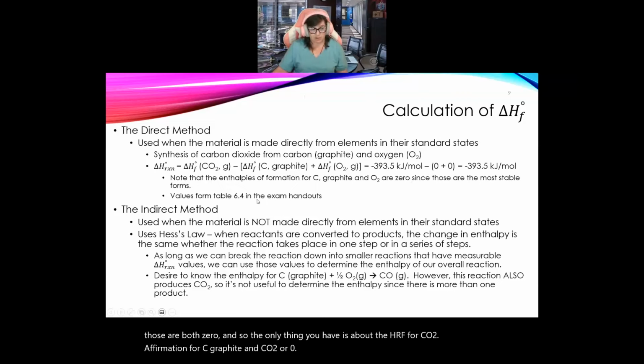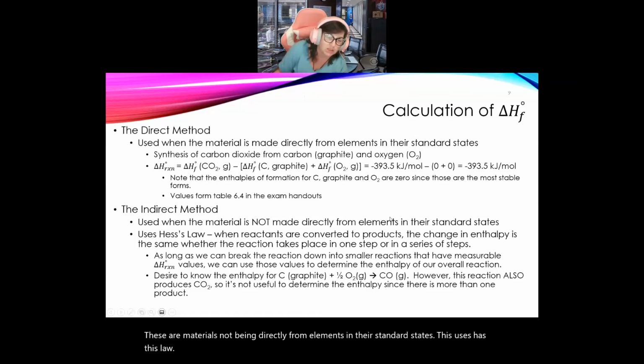The indirect method is used when a material is not made directly from elements in their standard states. This uses Hess's law. When reactants are converted to products, the change in enthalpy is the same whether the reaction takes place in one step or a series of steps. That's what Hess's law states.